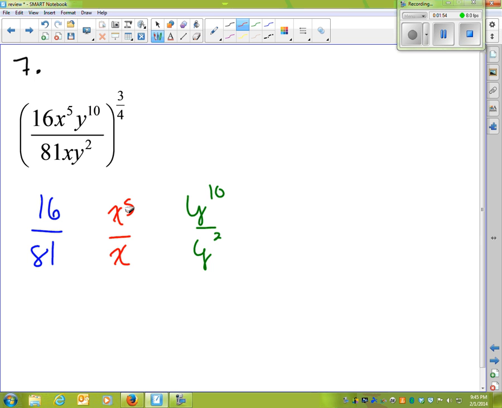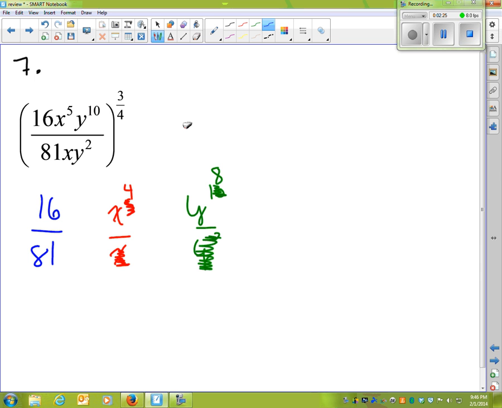X to the 5th divided by x, well, that x cancels out, leaving me with x to the 4th. Y to the 10th over y squared. So you have 10 of the y's, 2 of them cancel out, leaving you with 8 y's on top.